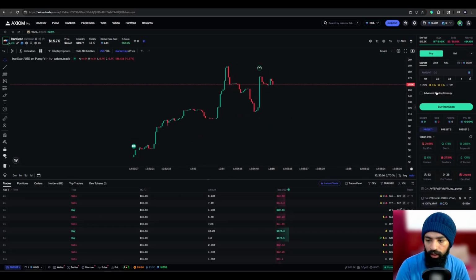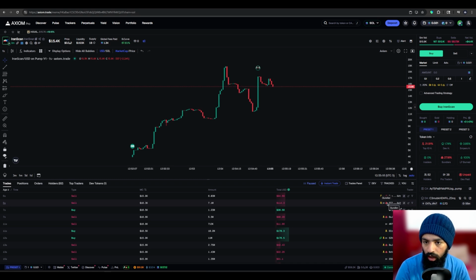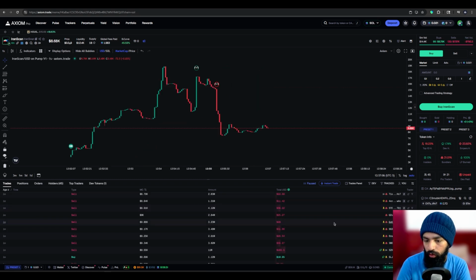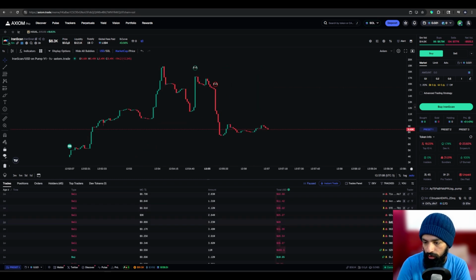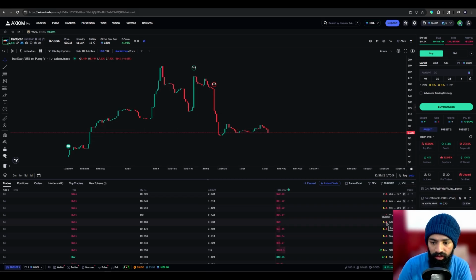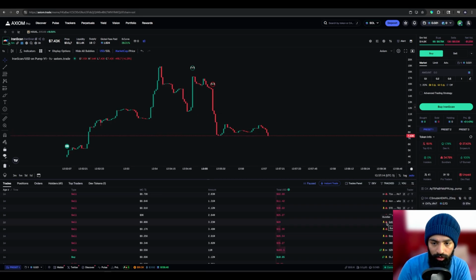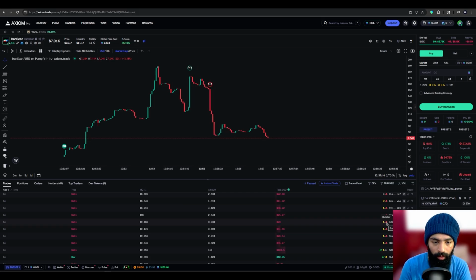If we look at this, bundler holding 27% of this coin are bundled. You can see this logo right next to the wallet address. This bundler logo basically means that this wallet is not an actual person's wallet. It is just a bundler wallet.